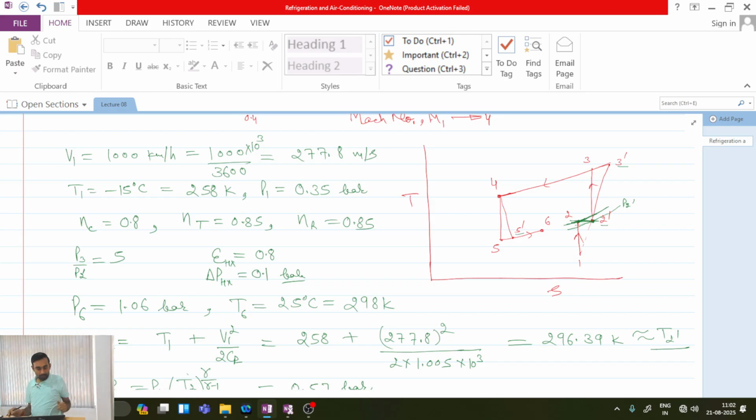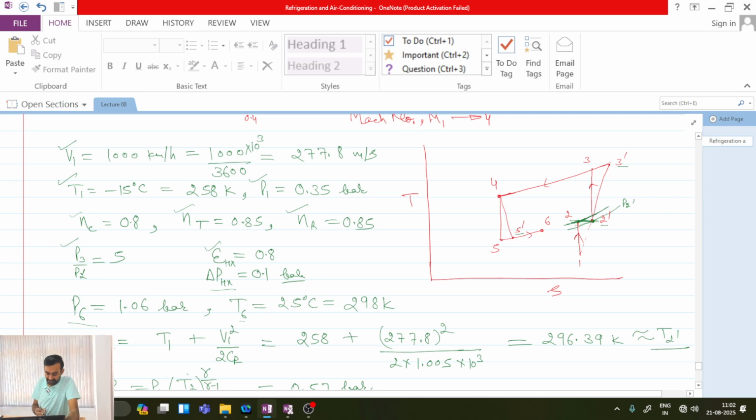Based on the given data, which mainly was the speed at which the aircraft was flying, temperature and pressure at the inlet of the aircraft, efficiency of compression, turbine and ramming process, as well as the ratio of pressure across the compression, that was 5, and the other two data: effectiveness of the heat exchanger was 0.8 and pressure drop in the heat exchanger was 0.1 bar.